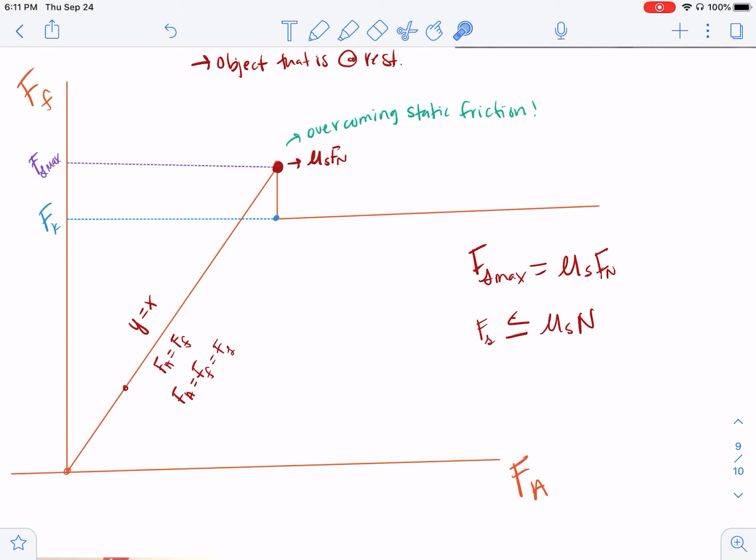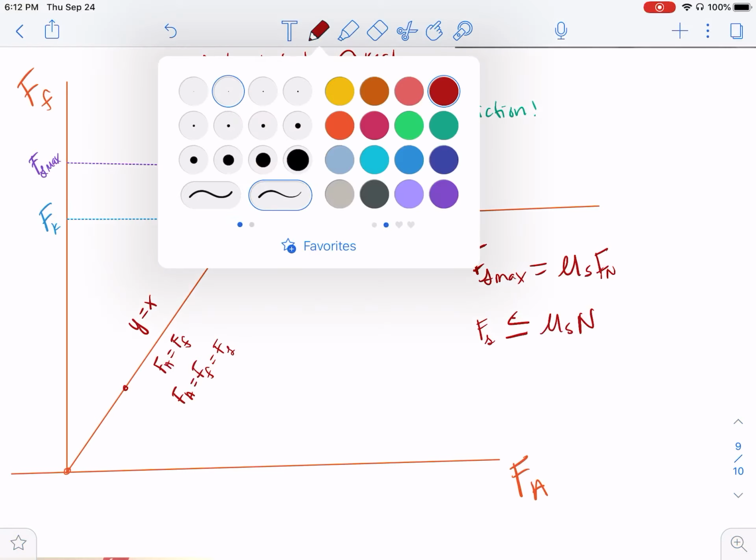So our force of static friction is the force applied if we're not in motion and we've not hit this maximum. As soon as our force applied gets even on the other side of this maximum, our object starts moving and we're in the kinetic zone. So once our force applied surpasses this point, whatever this value is, our object is now moving and we have kinetic force.